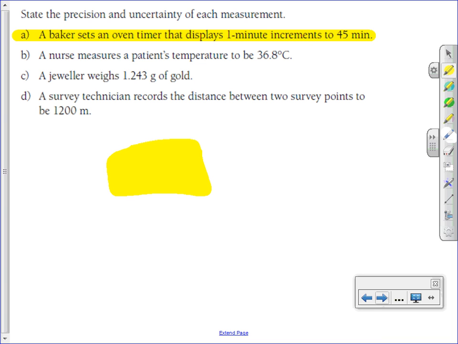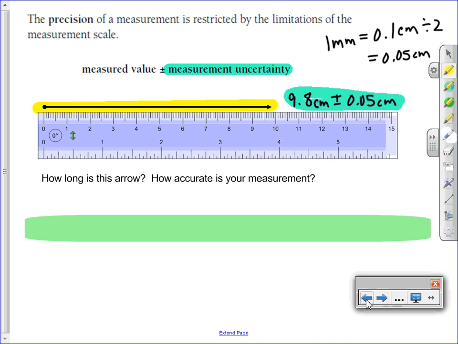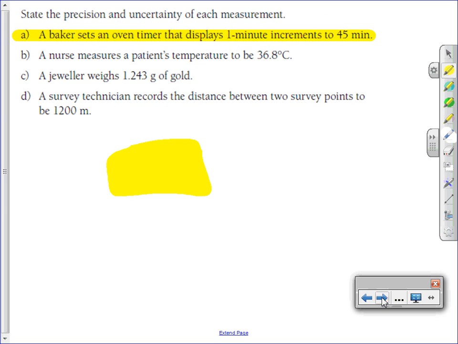So if you look back at what we had on the previous page, we say the measured value is 45 minutes, which is what the oven timer is set to, plus or minus the uncertainty, which is always half the value. So if it's 1 minute, we take half a minute, that's 30 seconds, we say plus or minus 30 seconds. That's how he would list the precision and the uncertainty. So the first part is your precision, the 45 minutes. The second part is your uncertainty.